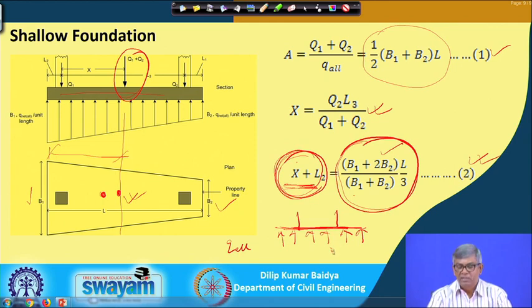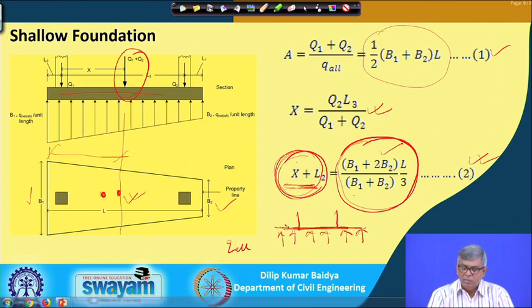So, I can easily find the bending moment and shear force diagram, and based on that design the section and the reinforcement required, and that is purely reinforced concrete design.